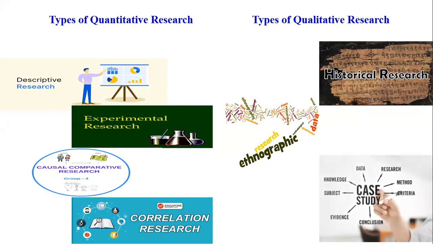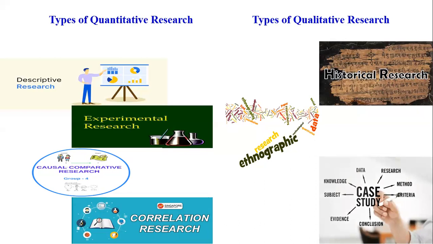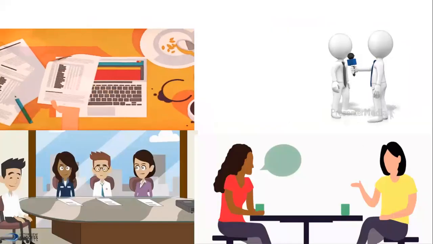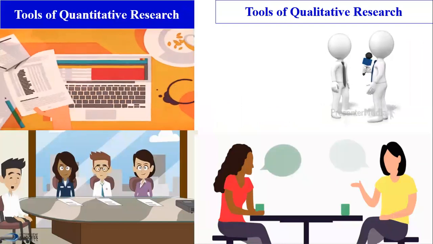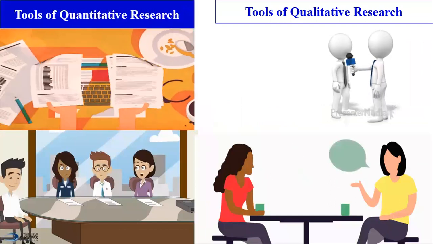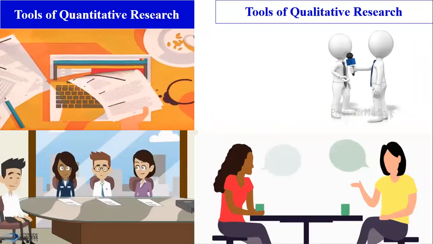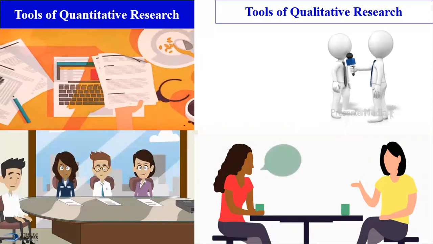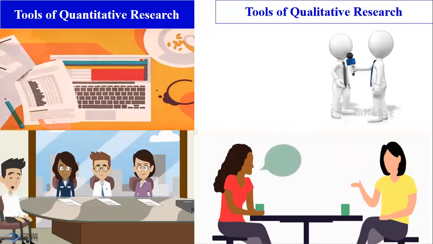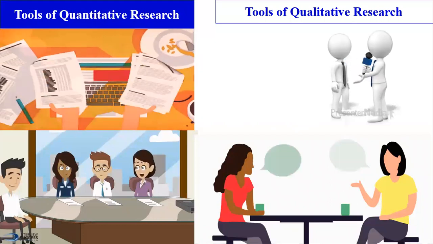And then case study research. In a case study, as you know very well, a case is a long proceeding and long term, so it also comes under qualitative research. Next, the tools of qualitative research and quantitative research. Quantitative research has questionnaires, as you know very well, structured questionnaires or open-ended and closed-ended questionnaires and structured interviews.